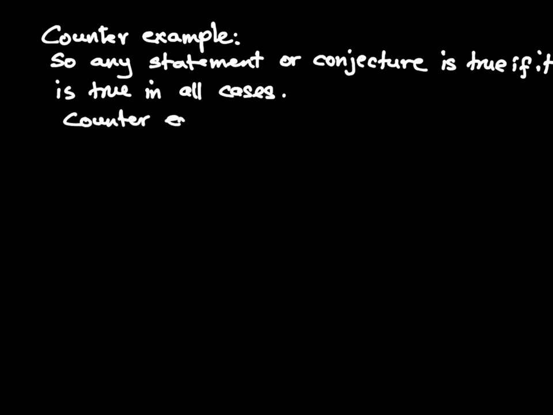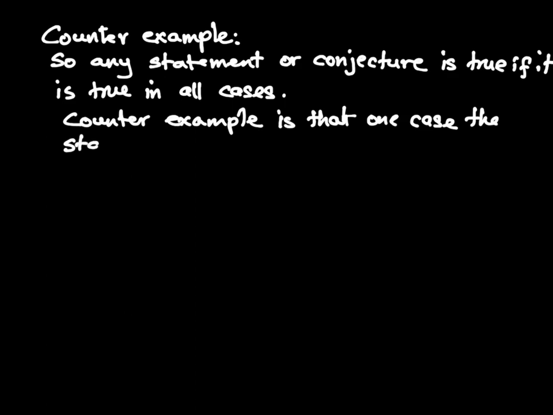Now, a counterexample is that one example when the conjecture is false. So if we can find one example where the conjecture is false, then that statement is not true. One example is sufficient to say that the conjecture is false.